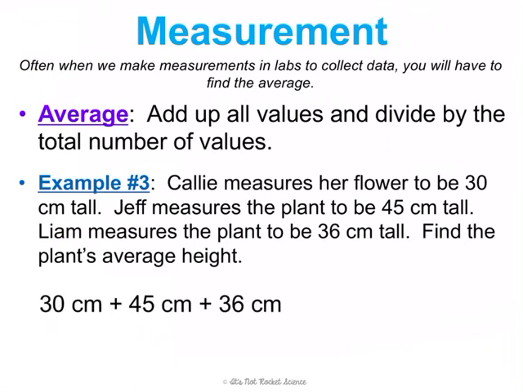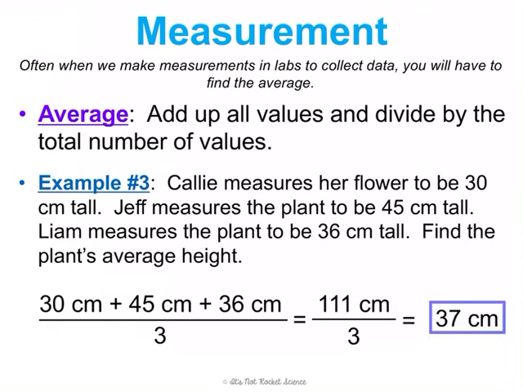So our 3 heights are 30, 45, and 36. So we're going to add those 3 numbers together and then divide them by 3 because we have 3 values. Right, so you have 111 divided by 3, and we have 37 centimeters.